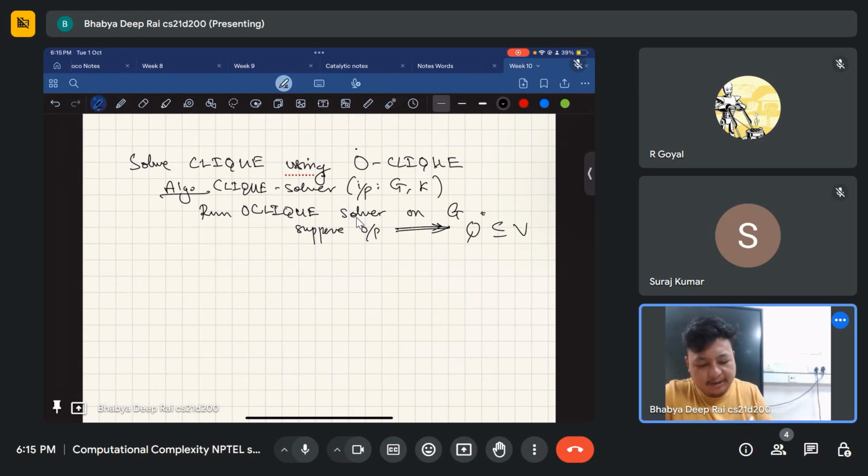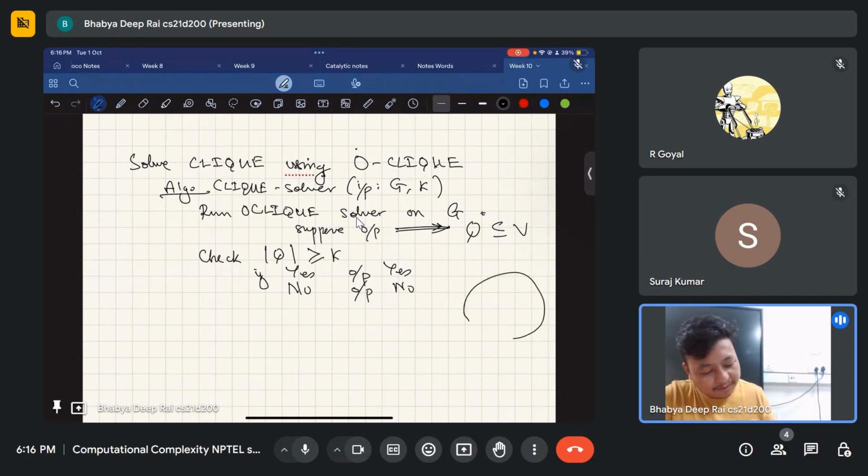Now what do I do? I simply check if the size of that clique is greater than or equal to k. If yes, then I'll output yes. If no, then I'll output no. Because what I want to do is find the largest clique in the graph.